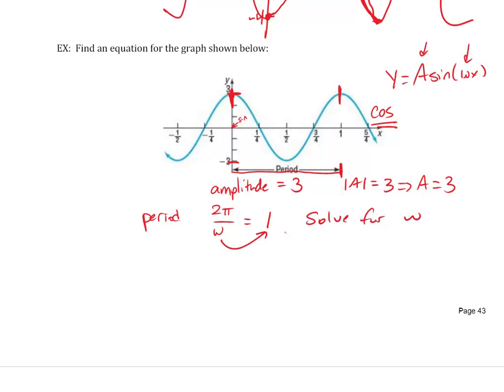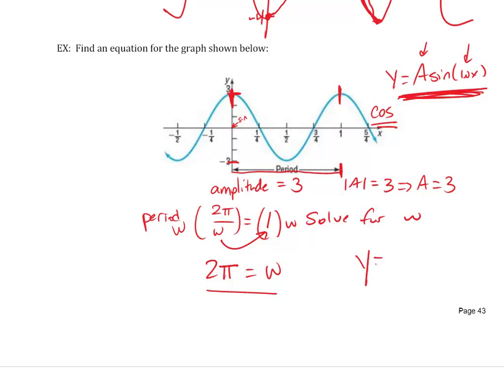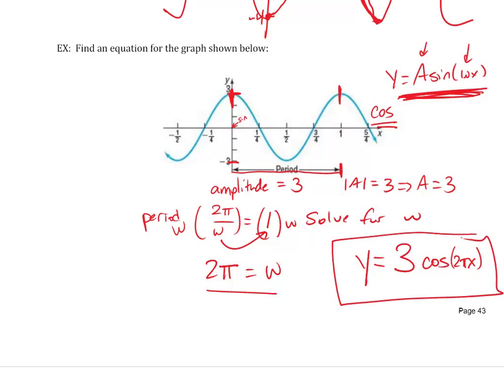If you multiply both sides by omega, you get 2 pi is equal to omega, so we know omega is 2 pi. So plug those two values in up here, and you'll have y is equal to 3. You know it's a cosine. And you've got 2 pi x inside. And there you go.